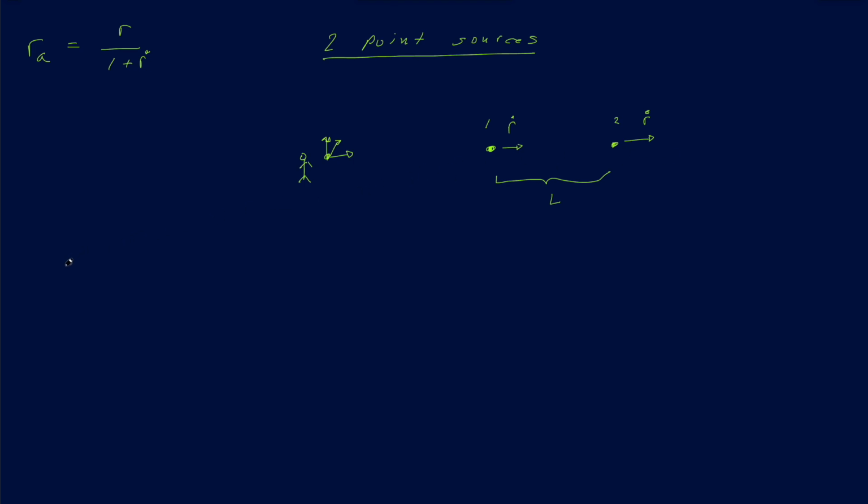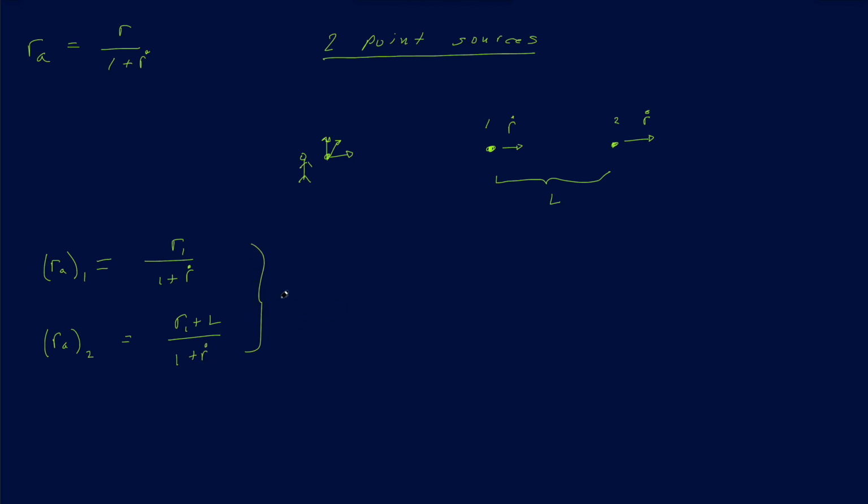Okay? So now we can say RA1, so this is point source number 1, is equal to R1 divided by 1 plus R dot. No surprises there. We can also say RA2, distance to point 2 apparent, is equal to R1 plus L divided by 1 plus R dot.